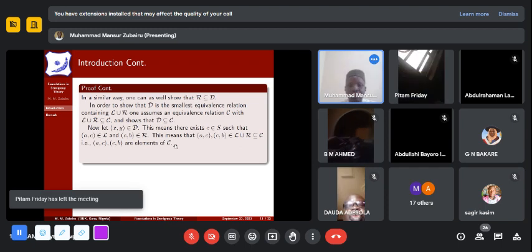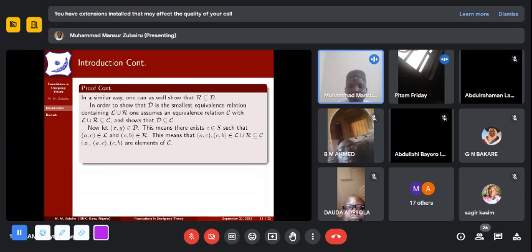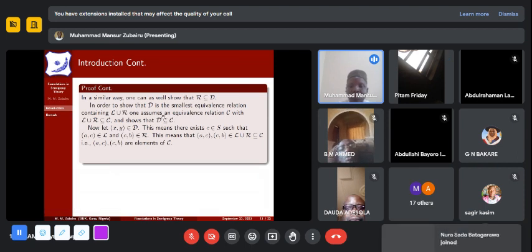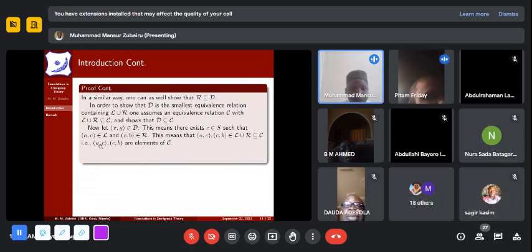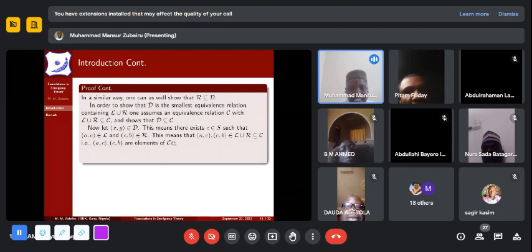So by this, what do we know about C? We should recall that we assume C to be an equivalence which contains this. So since C is an equivalence, we already have A comma C and C comma B in C. We need to remember that C is transitive.